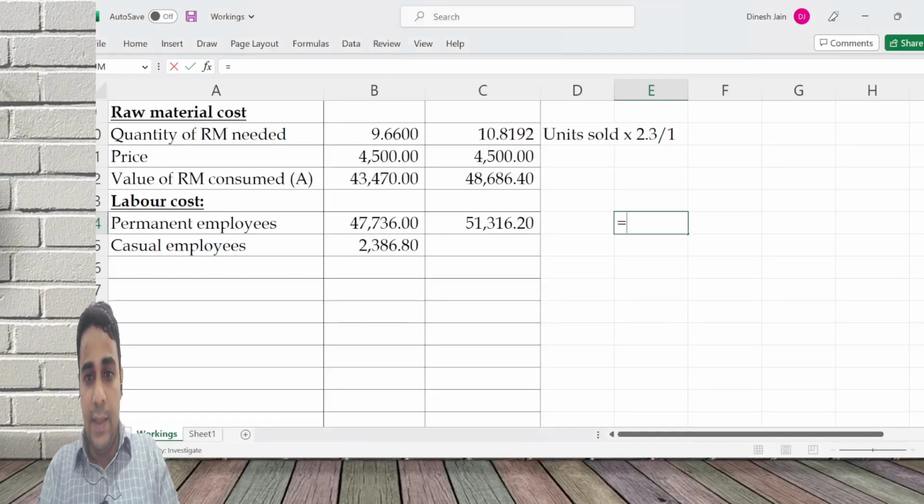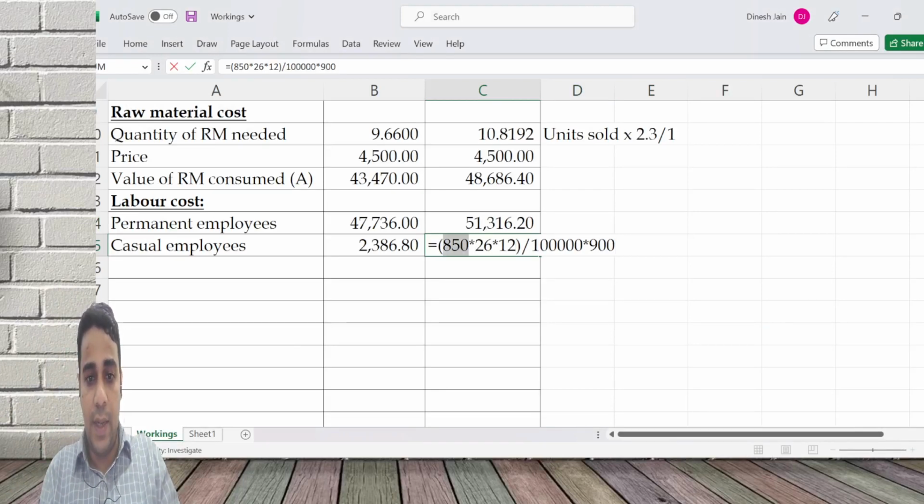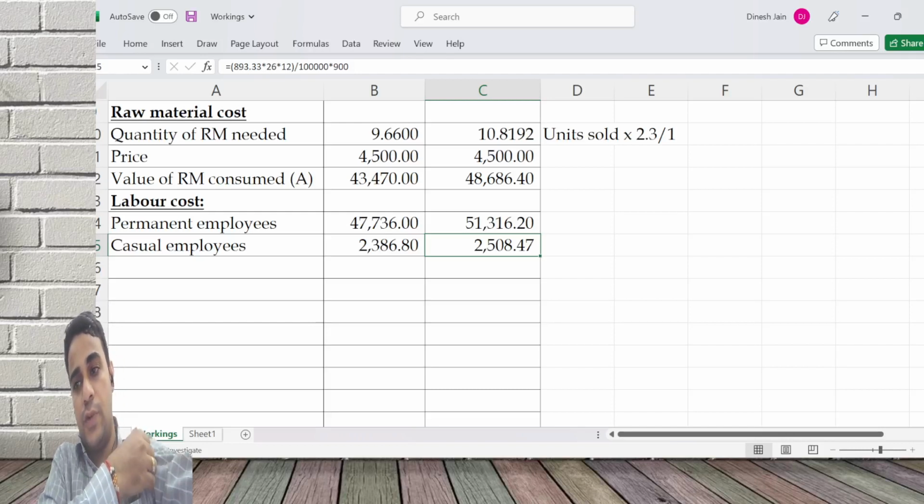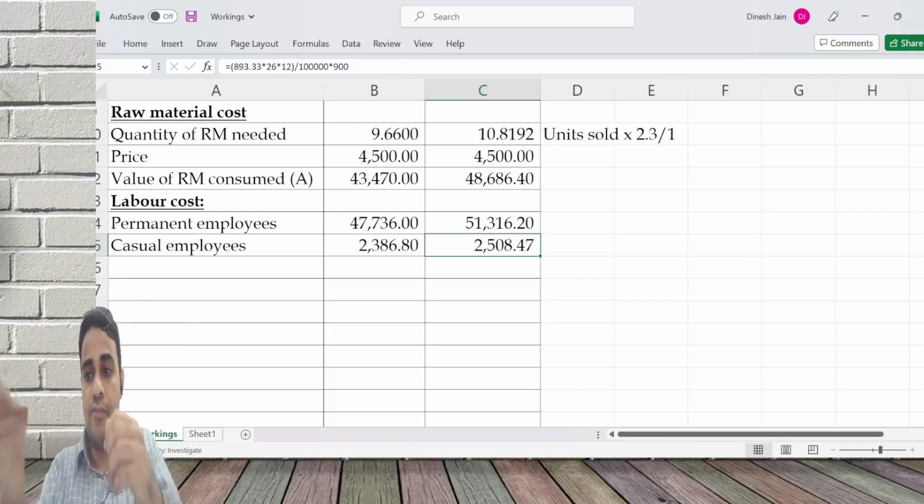So 893.33. I am repeating the calculation here now. Instead of 850, I am going to write 893.33. Let me know if you have any doubts here. This is for your casual employees.